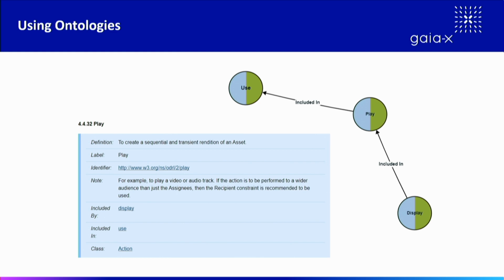You can see that, for example, for three actions, we have display, which is included in play, which is itself included in use. So obviously, if a provider offer policy requires the action play, that means if the consumer is only willing to display, then it works as well, and it should also result in an agreement. That's the main point of using ontologies. This is obviously a simple use case, but you can have so many uses and possibilities with ontologies.